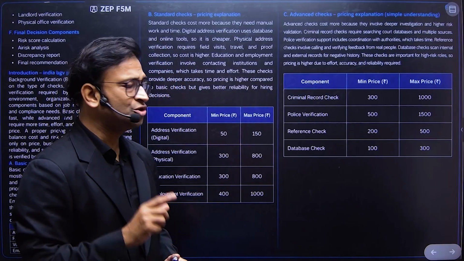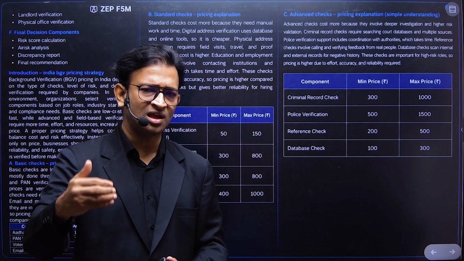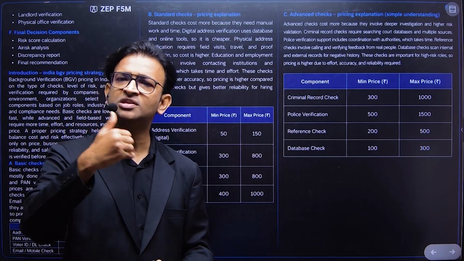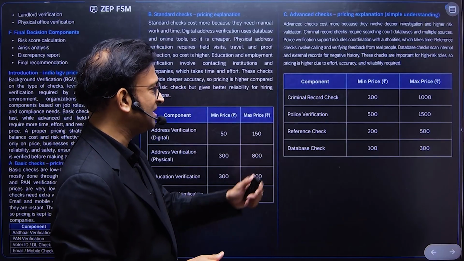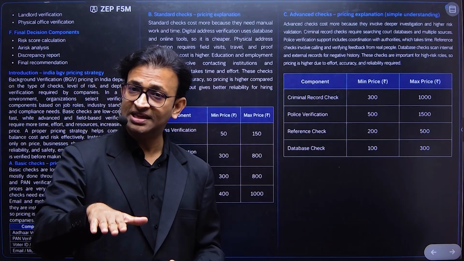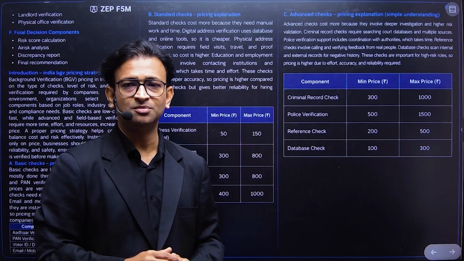Reference check 200 to 500, lower comparatively because it involves time, effort, calling previous organizations and companies for reference. And database check, which is the least, 100 to 300 maximum.